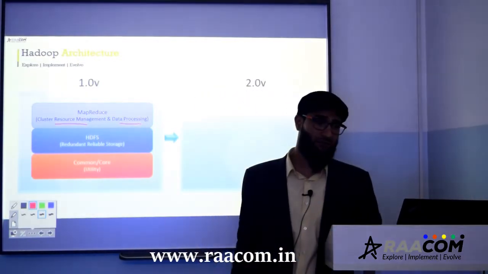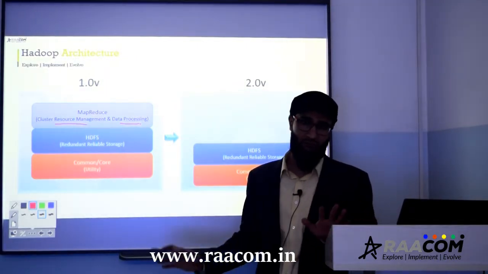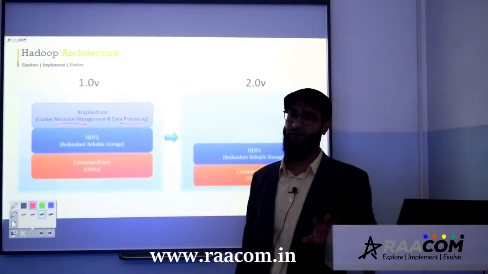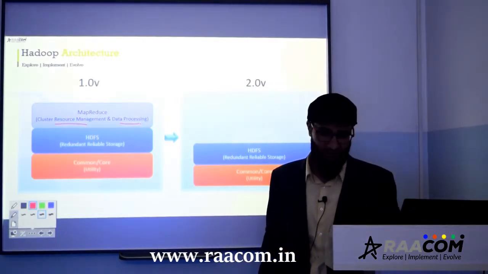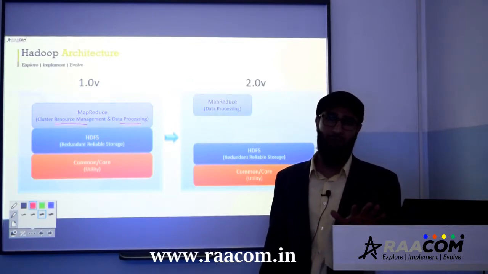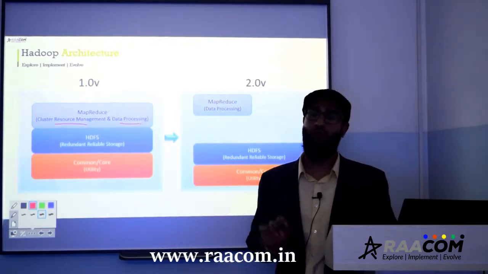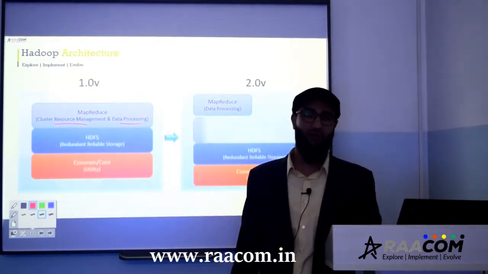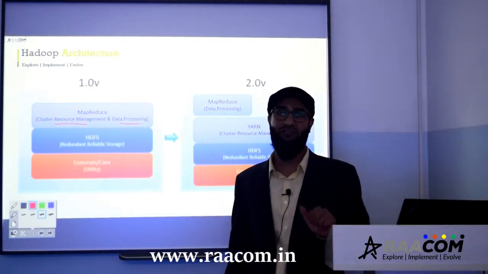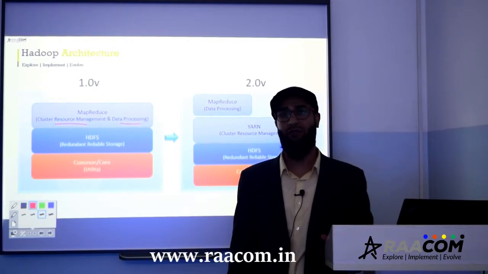Now what happened in version 2 is that the two components, HDFS and Common, remained the same. There weren't any changes in that. But MapReduce was dedicated to do only the data processing. So YARN got into the picture and said, you are good with the data processing, why don't you just do the data processing, and give me the cluster resource management capabilities.